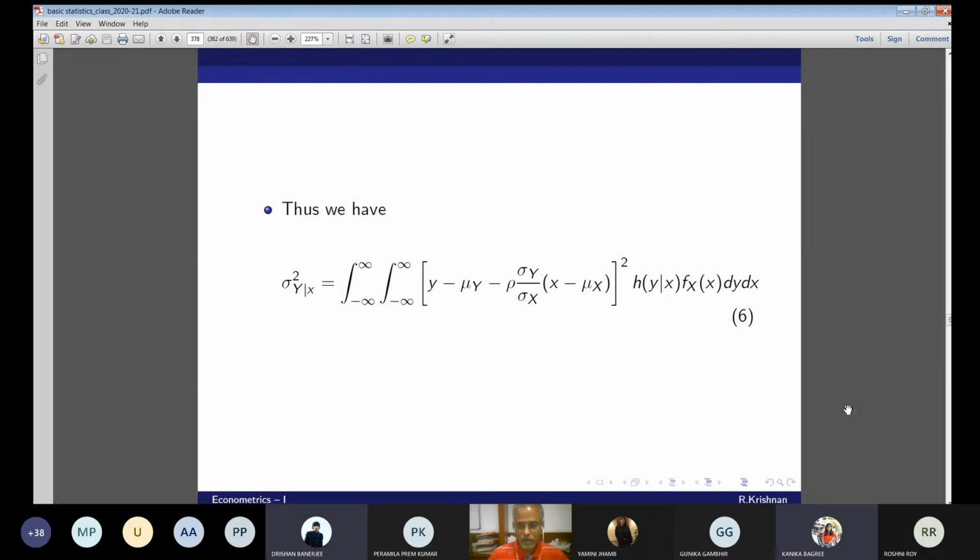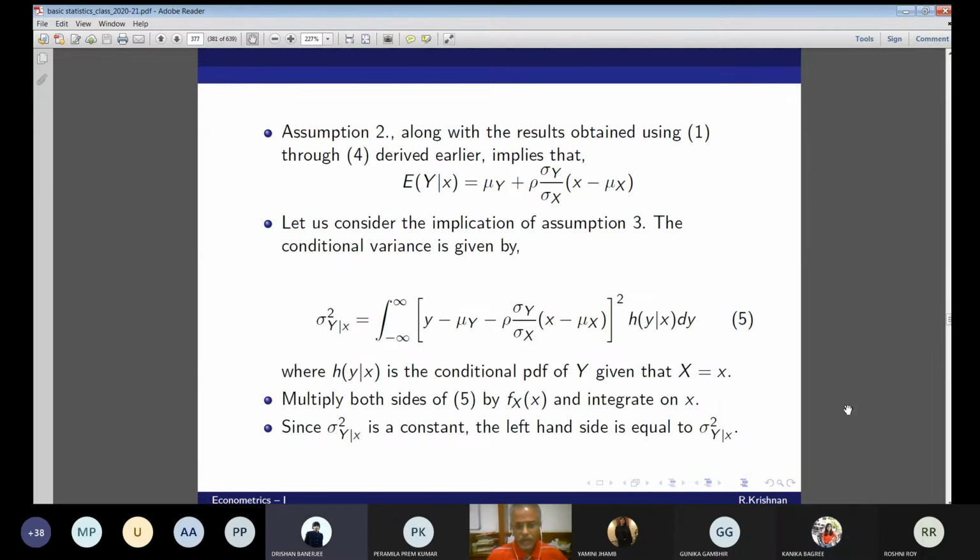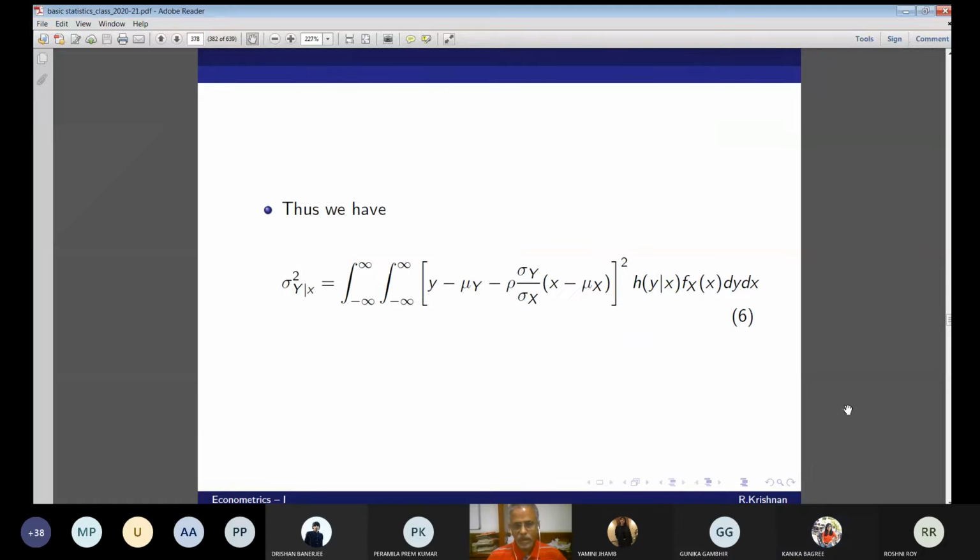Sir, I didn't get this part. Can you go to the previous slide once? Yes, sir. Multiply both sides by f(x) and integrate on x. f(x) is nothing but the PDF. Only multiply, don't write everything. Is this okay now? Okay.